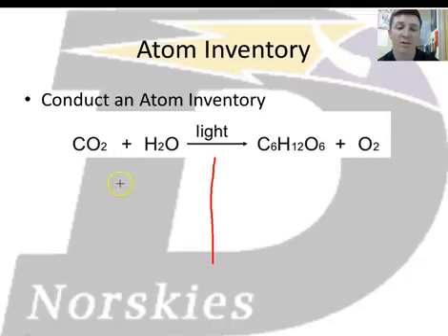So let's look at the reactants first. I know that I'm going to have carbon, hydrogen, and oxygen as my atoms, and I have to count up how many. If we look at CO2, carbon dioxide, here we have 1 atom of carbon. We know that because there's no subscript there. If there's no subscript, we can assume it's a number 1.